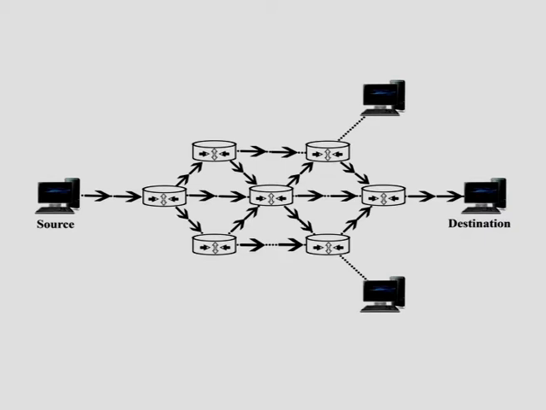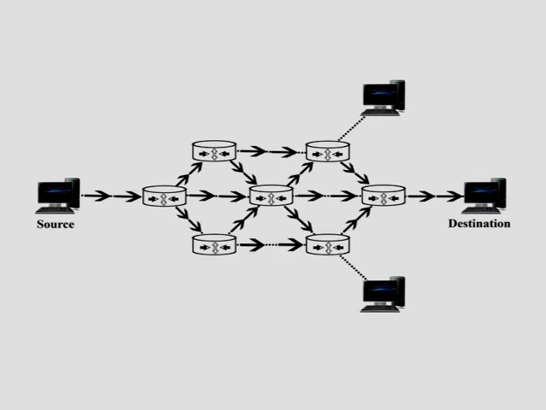This hop counter is initialized with the maximum possible path length in the network. During communication, the hop counter is decremented at each hop, with the packet being discarded when the counter reaches 0. Flooding also wastes a lot of bandwidth because in flooding packets are sent on each and every link.